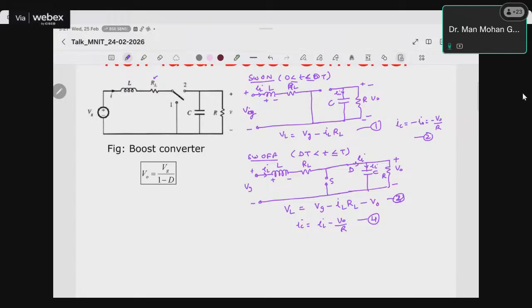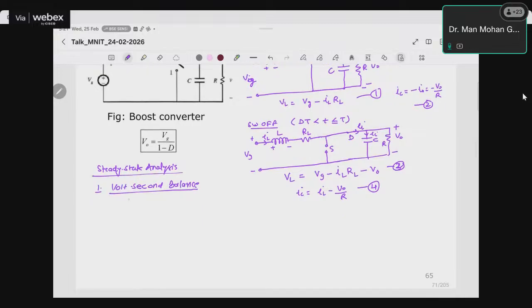Now for steady state analysis, the first principle is volt-second balance. So for volt-second balance, we are doing Vg minus IL RL into dT plus Vg minus IL RL minus V node into (1 minus d)T equal to 0, right?